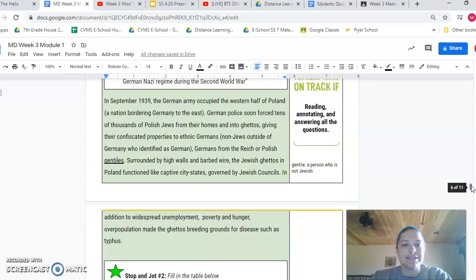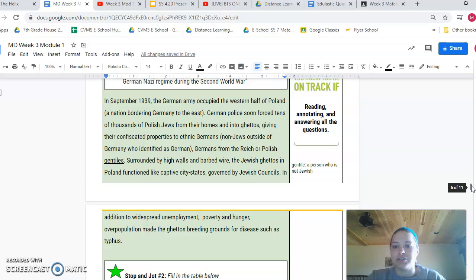In September 1939, the German army occupied the western half of Poland, a nation bordering Germany to the east. German police soon forced tens of thousands of Polish Jews from their homes and into ghettos, giving their confiscated properties to ethnic Germans, meaning non-Jews outside of Germany who identified as Germans, Germans from the Reich, or Polish Gentiles.